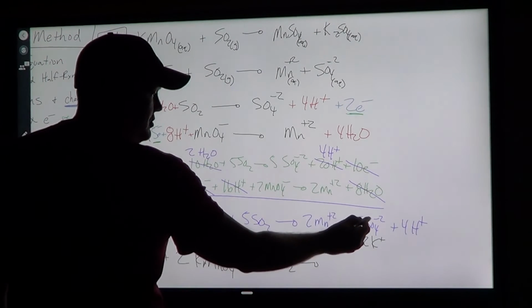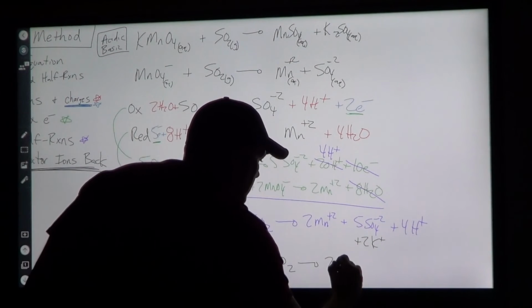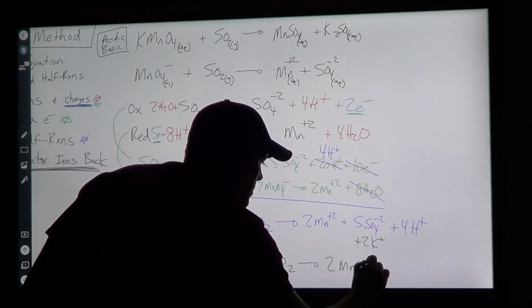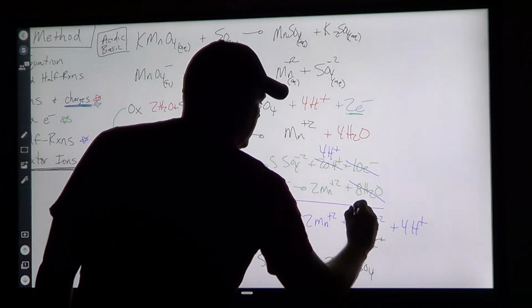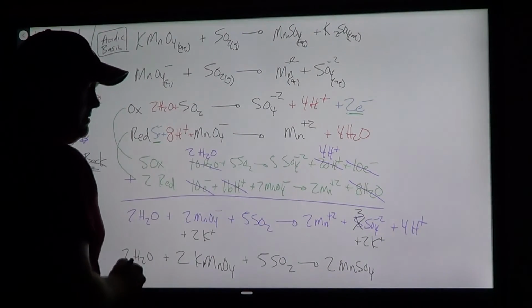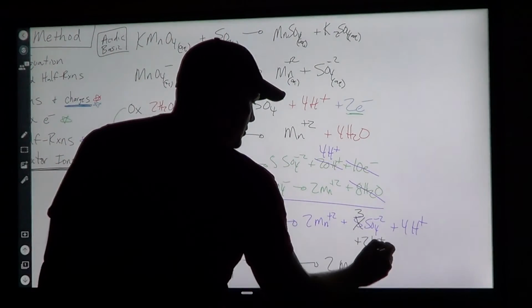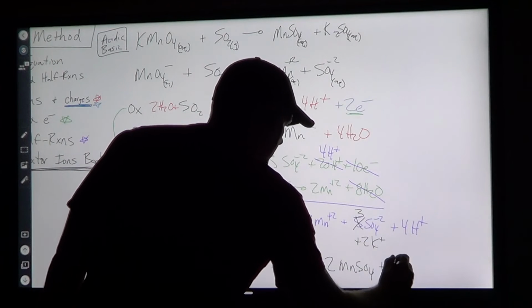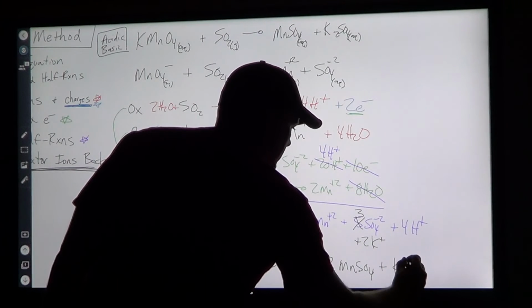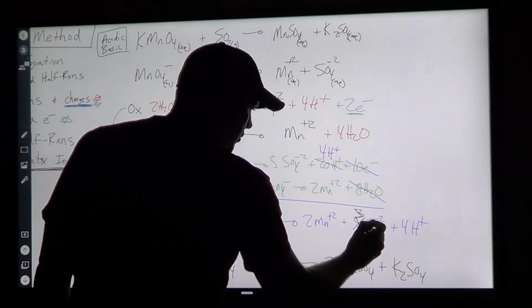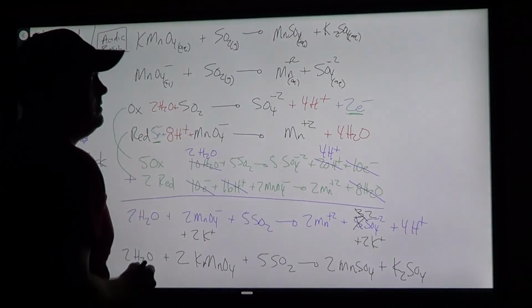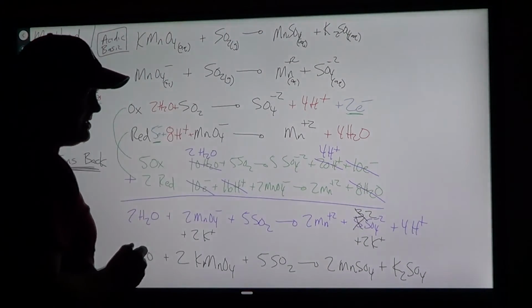So we're going to steal 2 sulfates away to make 2 of those, which drops this to 3. We're going to use 2 of our K's to steal one more of the sulfates away to put our original equation back together.